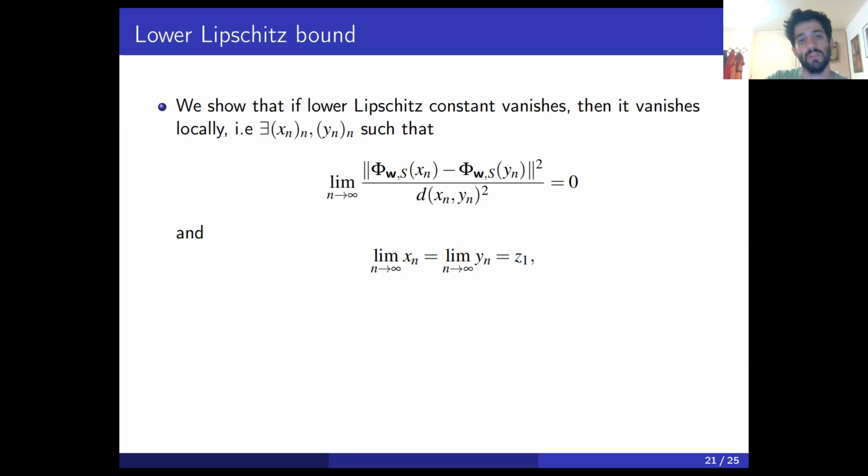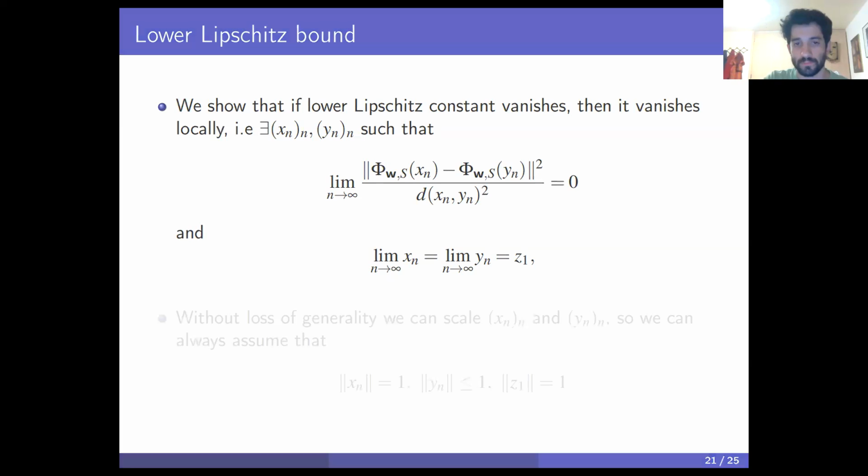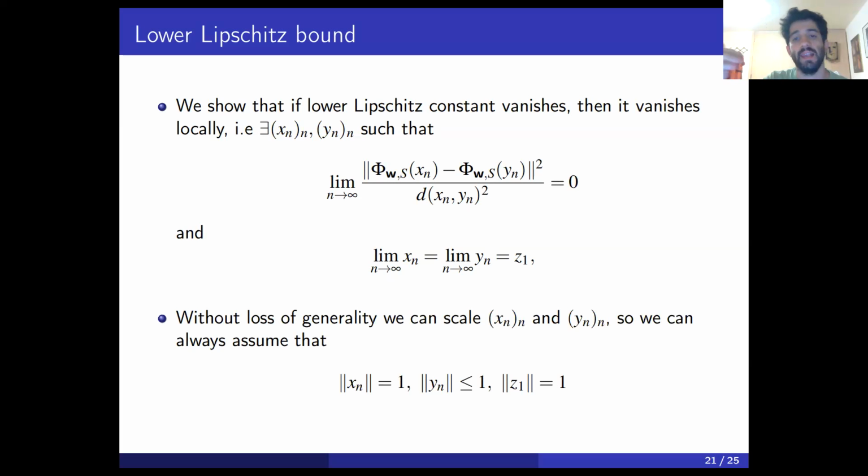And this then we can also scale xn and yn. So for example, we can always assume that we just decide the norm of xn to be 1 and yn to have norm less or equal than xn.